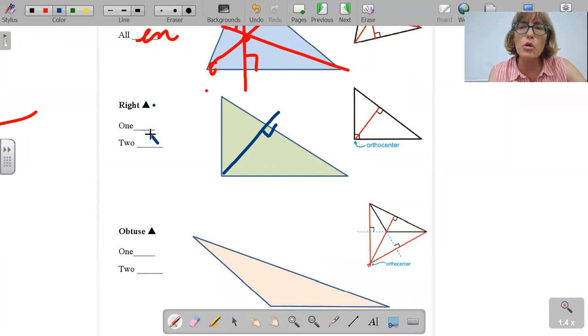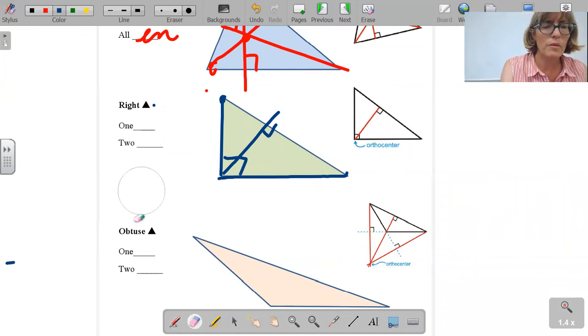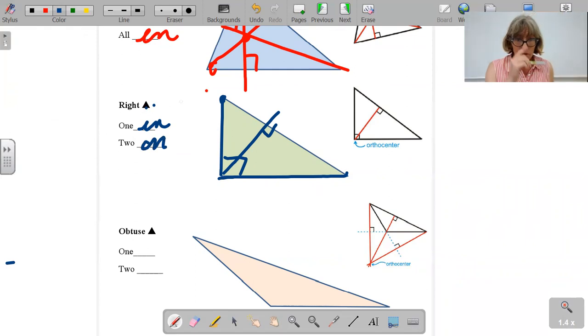And because it goes vertex to a right angle, your other vertex right angle are actually the sides of the triangle itself. Vertex right angle. So in a right triangle, one altitude is inside and two is on the triangle.